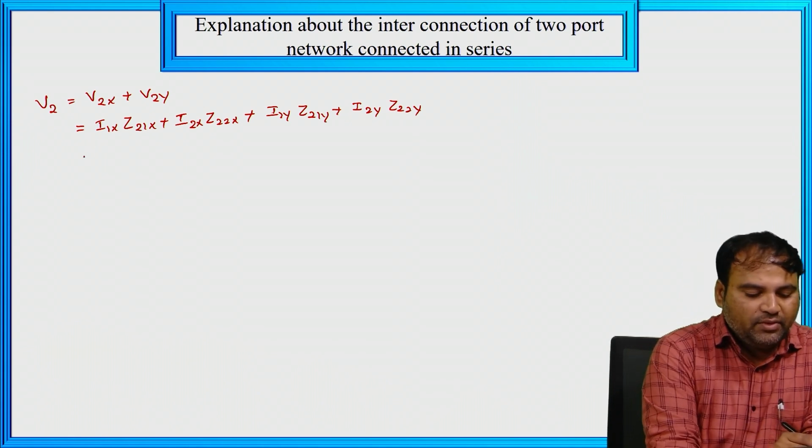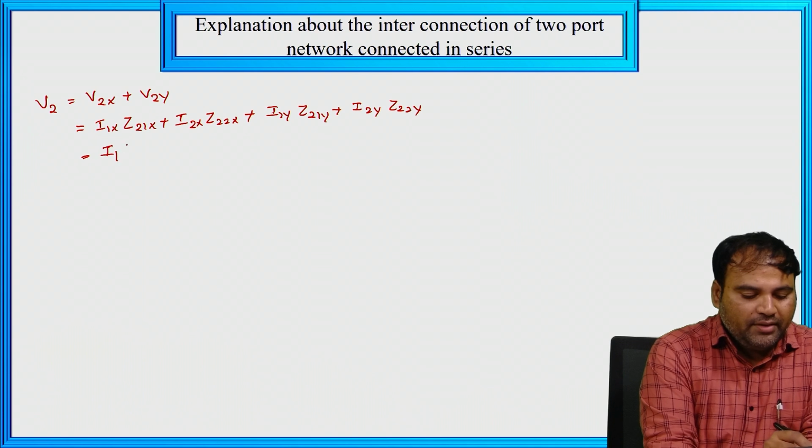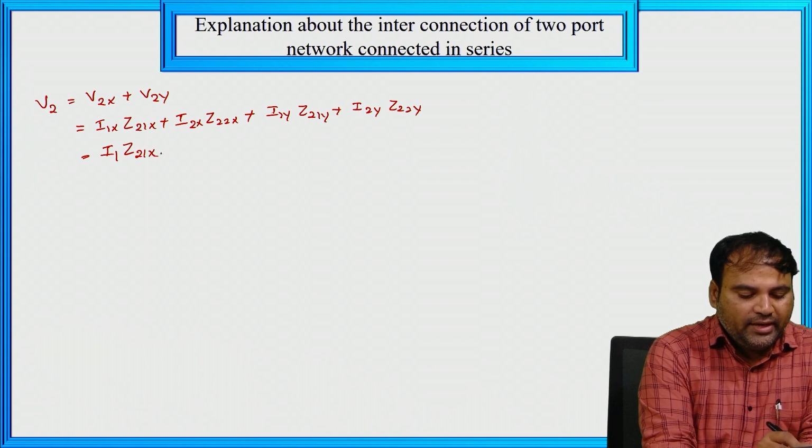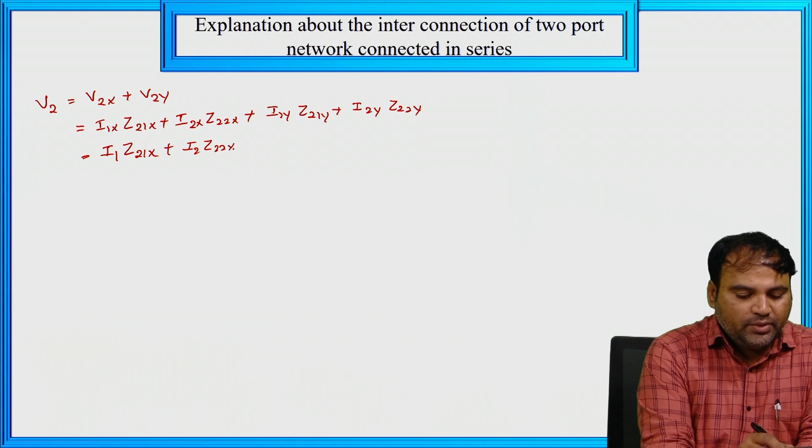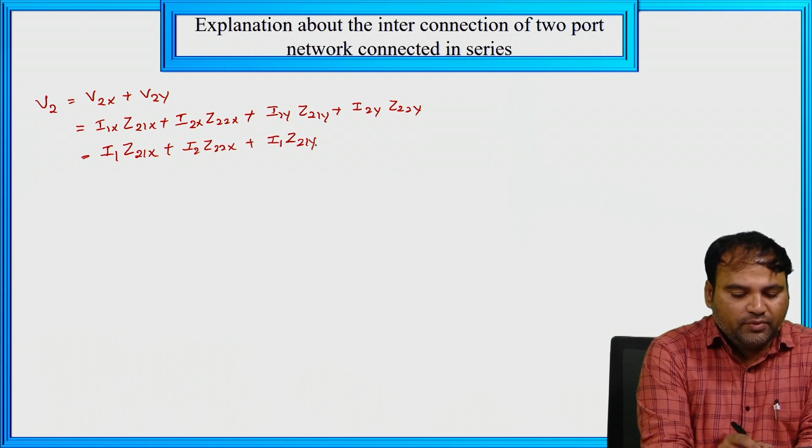So that is equal to I1 Z21x plus I2 Z22x plus I1 Z21y plus I2 Z22y.